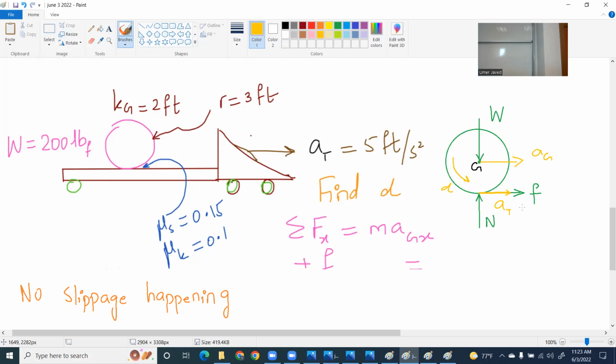At the point of contact. You remember midterm 1 exam? But now the whole table is going towards right. So in a no slip condition, whatever the velocity of the table is, that point of contact will also have the same velocity, and the point of contact will have the same tangential acceleration. Should I repeat this, or is it clear?